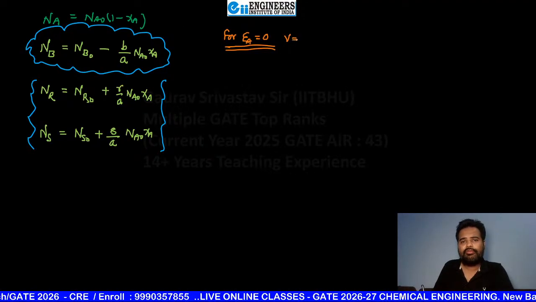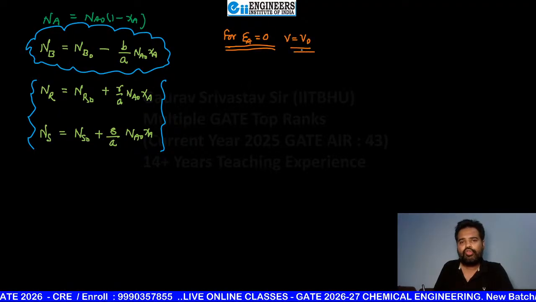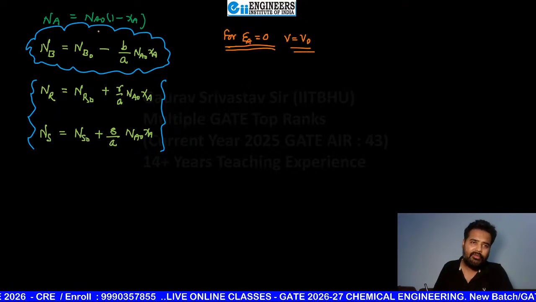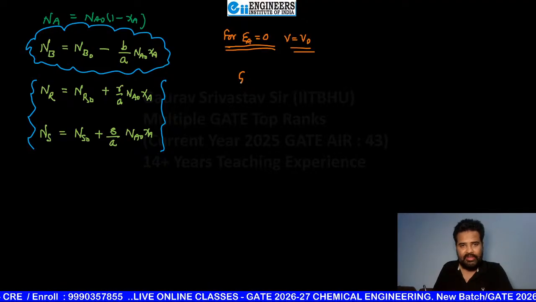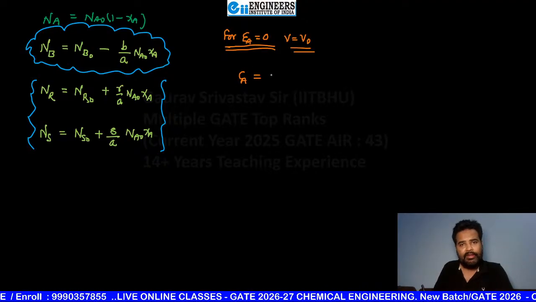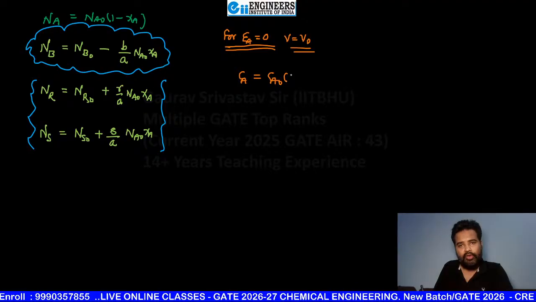For this type of system, V will be equal to V naught. So this can be written as CA, and that will be CA naught (1 minus XA).